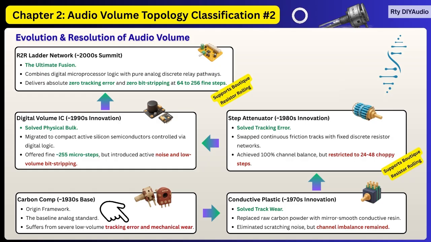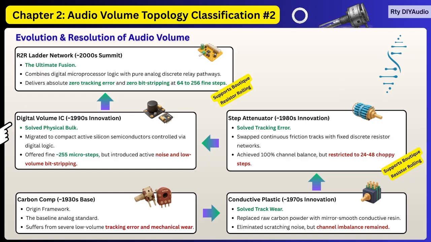To solve this tracking error, the 1970s conductive plastic replaced carbon with polished resin, yet channel imbalance remained. To achieve absolute channel balance, the 1980s step attenuator introduced fixed discrete resistor networks, completely eliminating tracking errors. Crucially, this setup opens the path for fully customizable boutique resistor rolling, though it limits you to discrete, choppy steps.